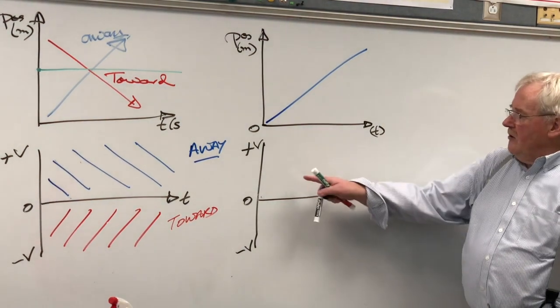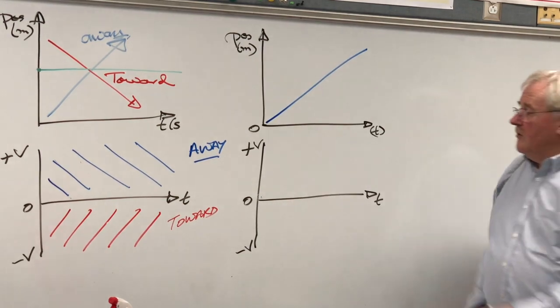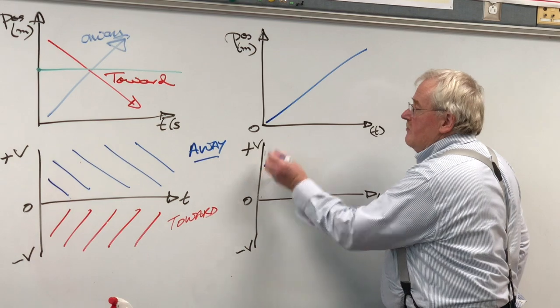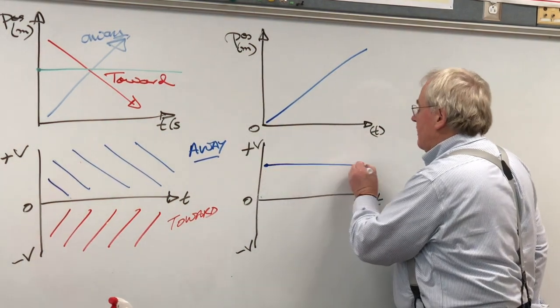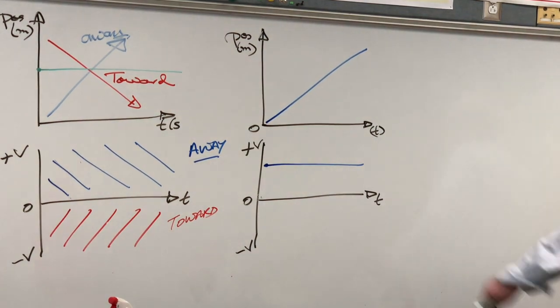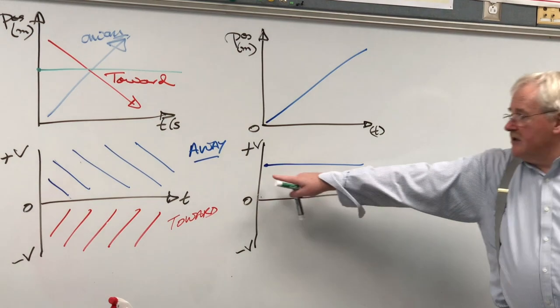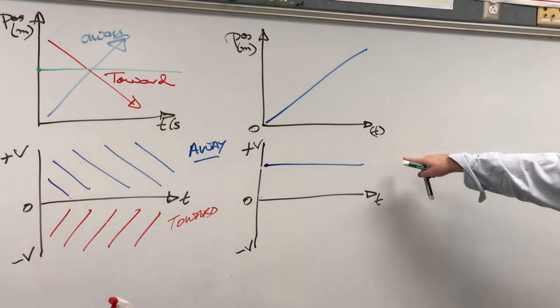Okay. We know that this is the away region, right? So we know that the velocity, because the slope is not changing, must be in the away region, and it must be constant. That is, it doesn't change. This is one value for the velocity, which is the same all the time.